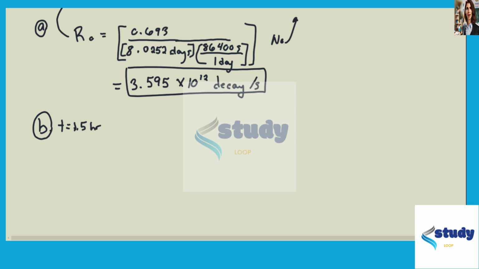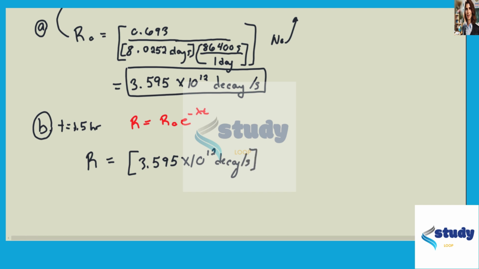With that in mind, we now can go down to our R. So now we're using this equation to help us out. There we go. Okay. So we have 3.595 times 10 to the 12 decays per second.